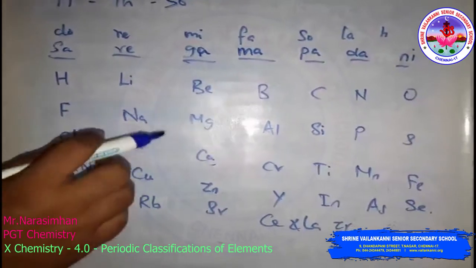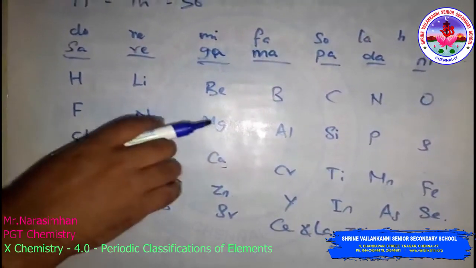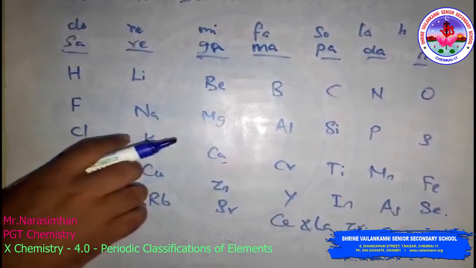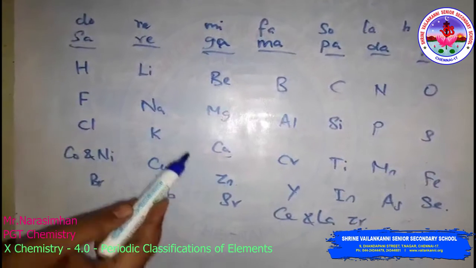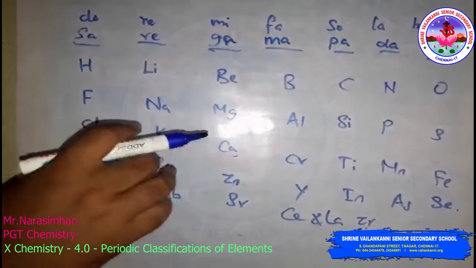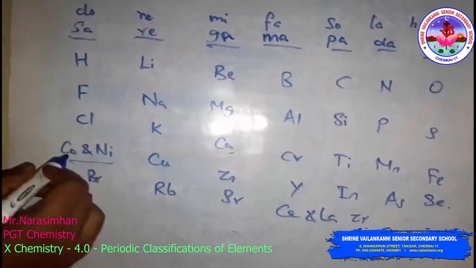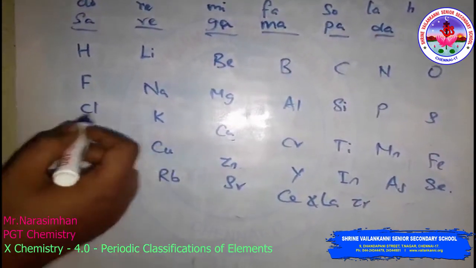In order to fit the elements into his table, Newland adjusted two elements in the same slot, and also put some unlike elements under the same notes. See here, cobalt and nickel are in the same slot, placed in the same column.